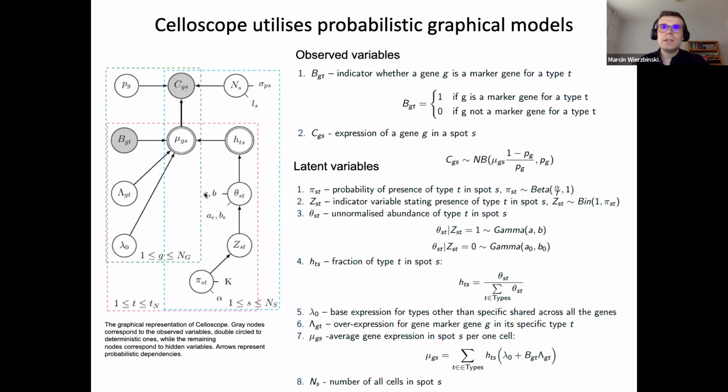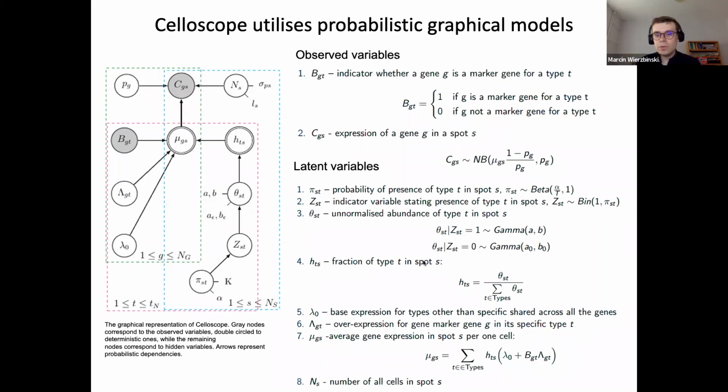When the parameter is set for a specific value and we sample from this distribution and get a huge number, it means that the fraction of the type should be large, because we have the 1, so this type is present in this spot. Okay, so that is important.